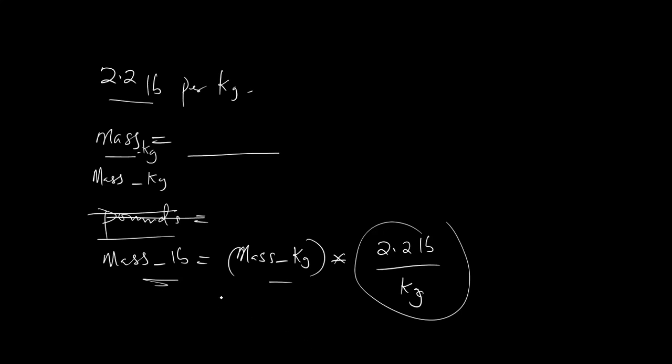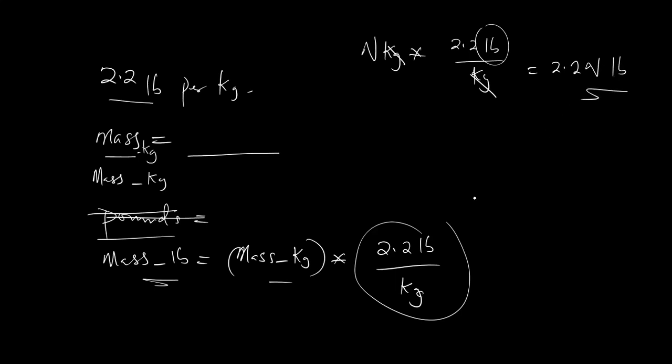If you're given a value in kilogram, you use the rate of 2.2 pounds per kilogram, the kg cancels out, and you're left with pounds. I just wanted to make the explanation so that when we write the program, it will sink in and be easier for people to understand.